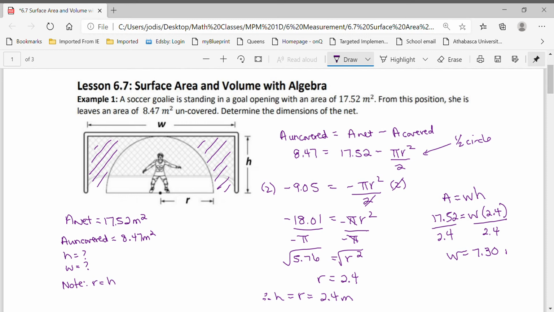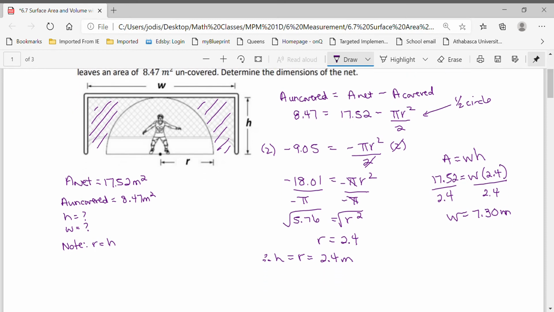Meters, not centimeters. Okay. So we could say, therefore, dimensions of the net are 2.4 meters tall and 7.3 meters wide. Okay?